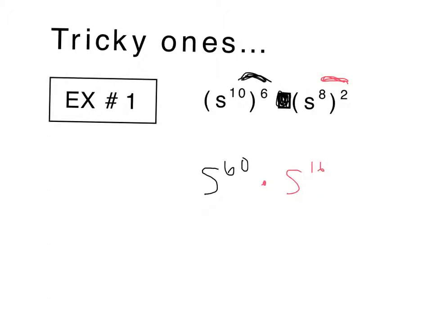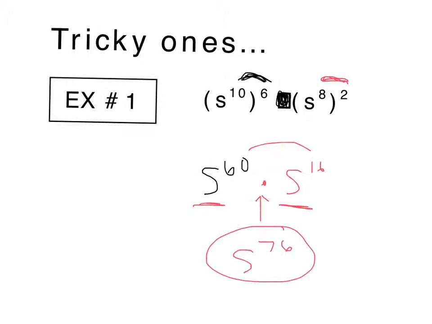Well, what did we learn when you have the same base and you're multiplied together? Remember our property from last week is that you can add those exponents. So 60 plus 16 would give you s to the 76. And that would be our final solution for that problem.